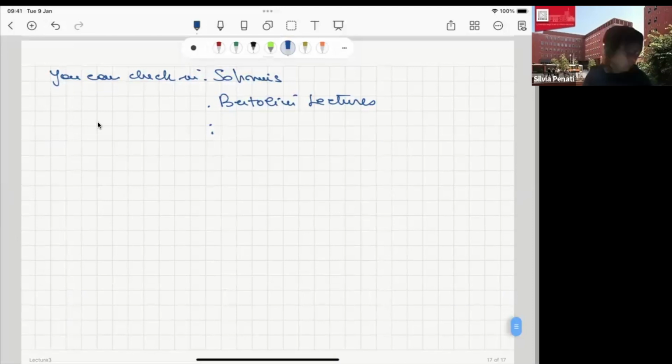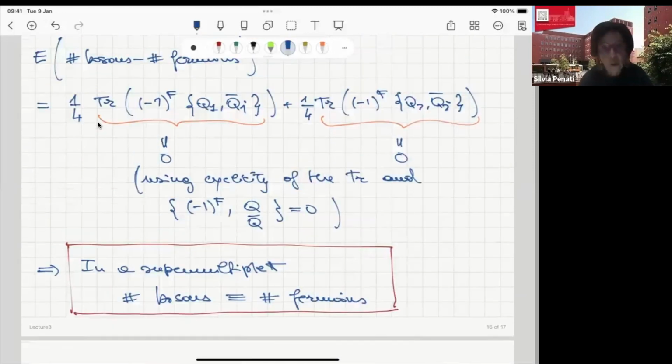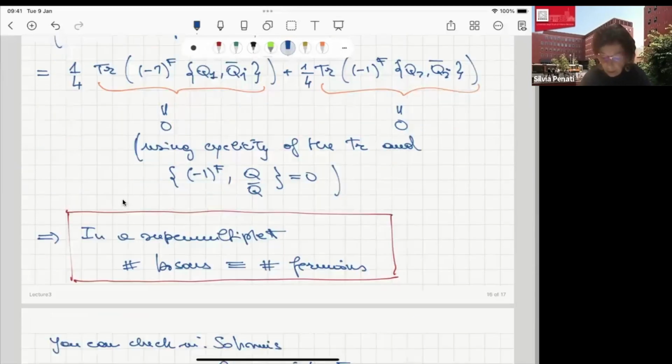So what we can do now, as I said, is to go through the construction of the representations of the supersymmetry algebra. Basically what I want to discuss and show you is that this set of a finite number of fields that I call supermultiplets are nothing but associated to representations of the supersymmetry algebra.